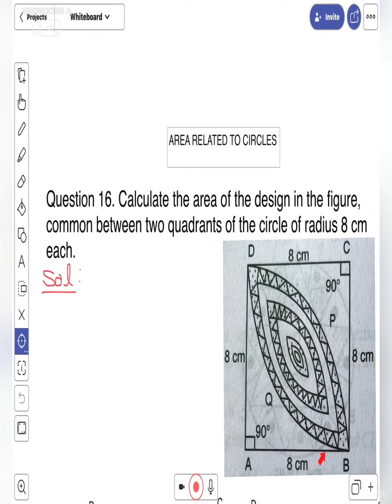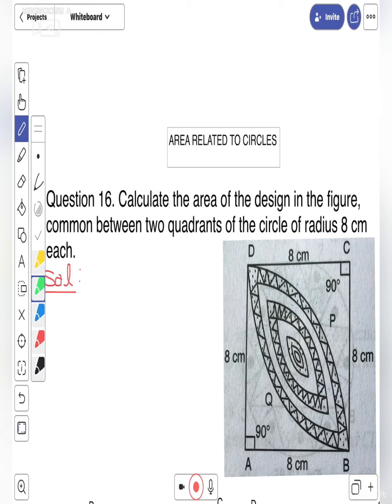This is the radius of this quadrant. Okay, and also you can observe in the second quadrant, that is BC and CD. This is the radius of this second quadrant.